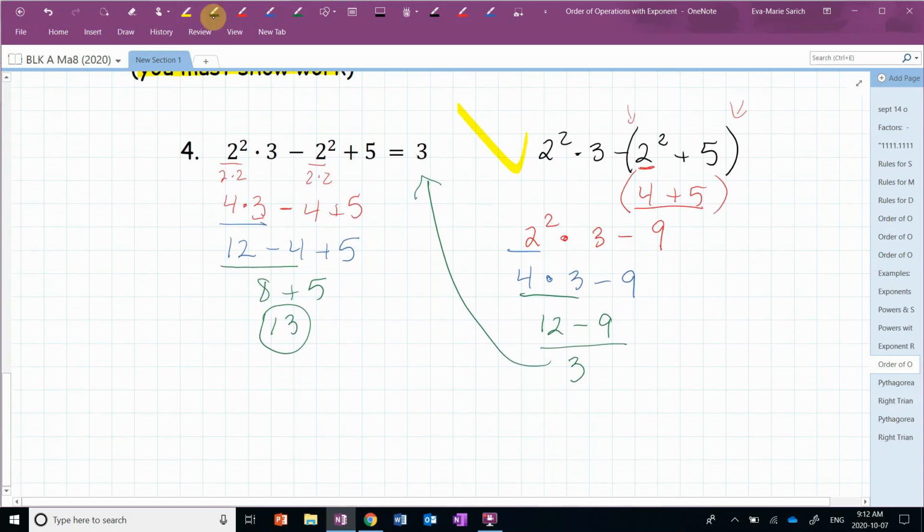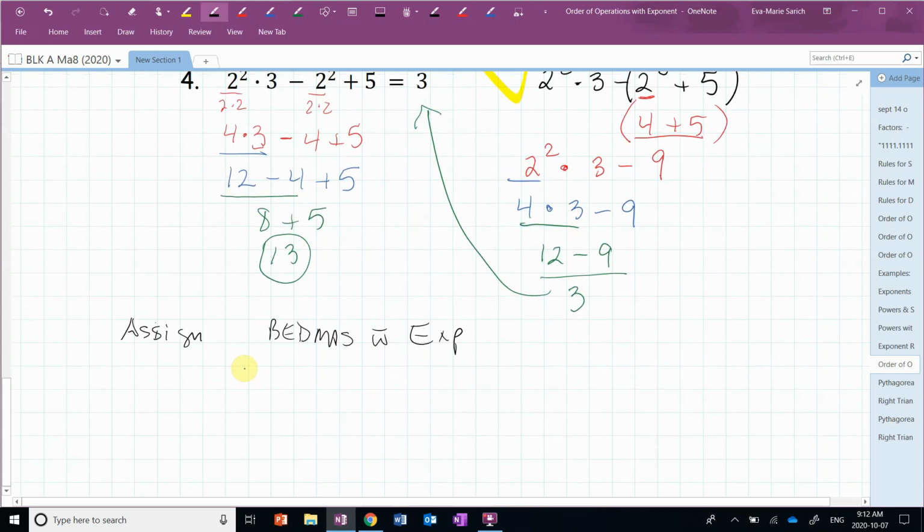Okay, one thing to remember on your assignment, the assignment is BEDMAS with exponents. The very last question on part 3, you need 2 sets of brackets, okay?